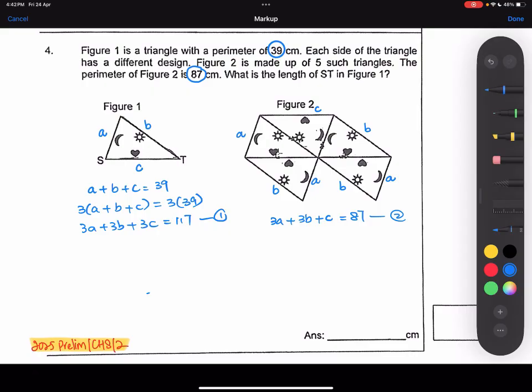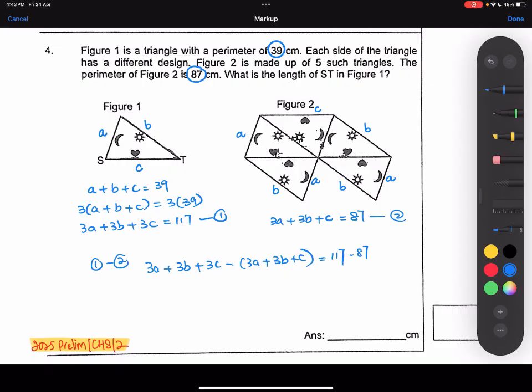So let's take equation 1 minus equation 2. So 3A plus 3B plus 3C minus equation 2, which is 3A plus 3B plus C, is equals to 117 minus 87.